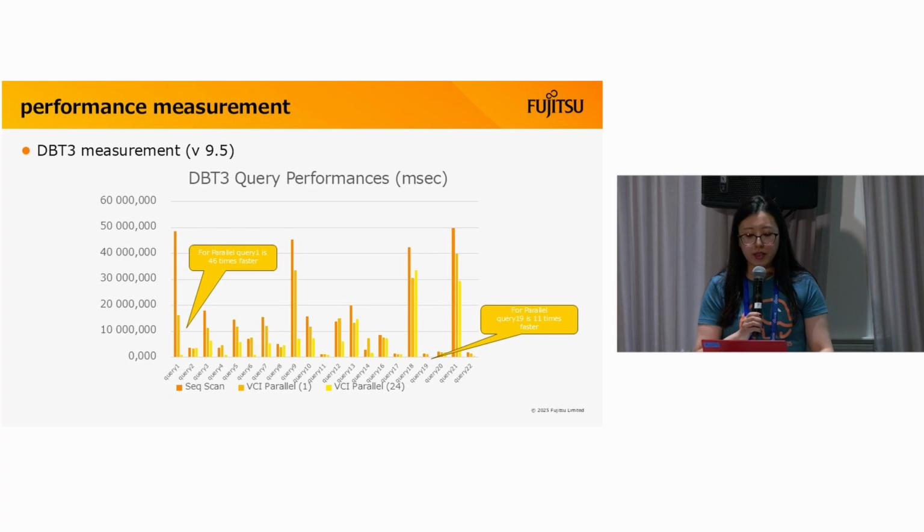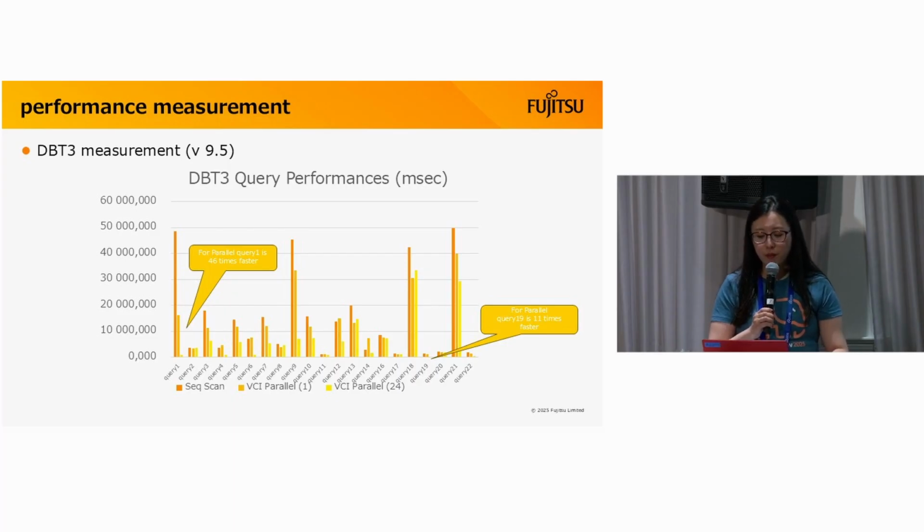The following example shows the DBT3 measurements. It was measured on an old version, Postgres 9.5 base. Therefore, we compare OSS sequential scan with VCI single or parallel scans.